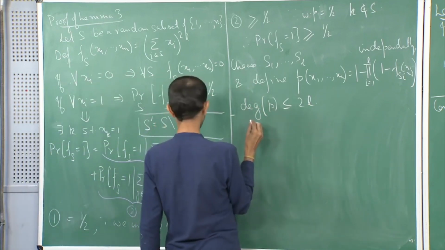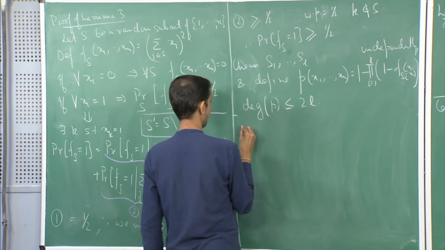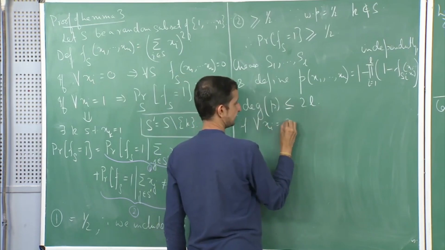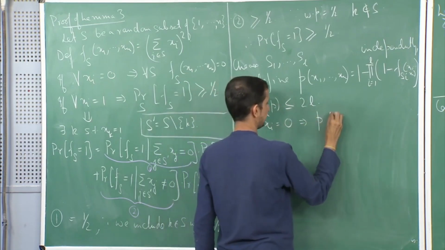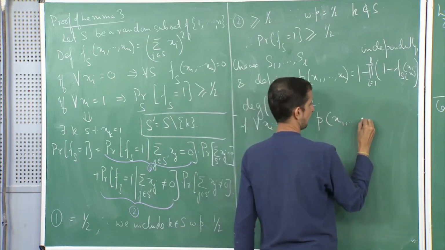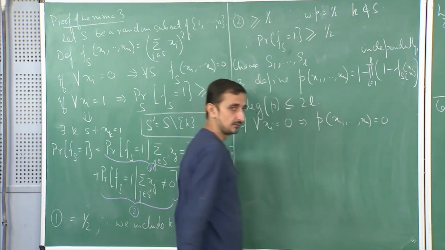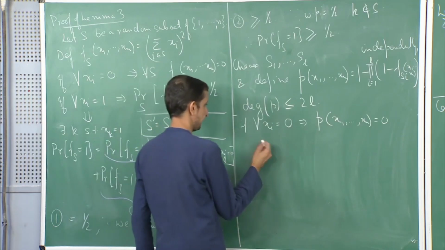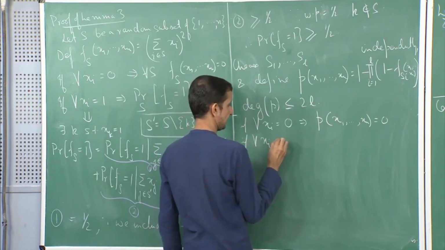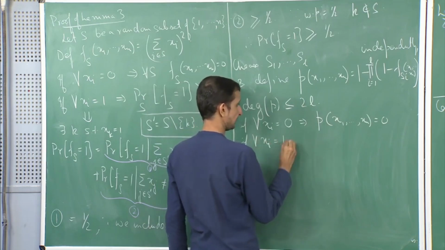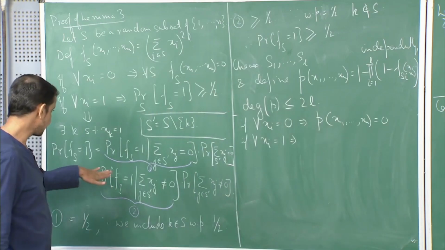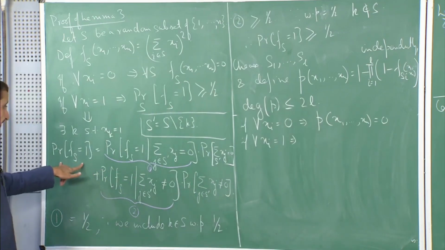Moreover, if OR of xi is equal to 0, then P of x is 0 as well by the same argument. And if OR of xi is equal to 1, then what do we have over here?